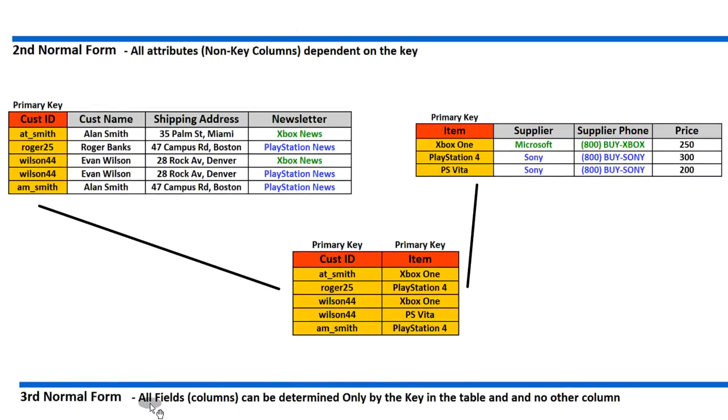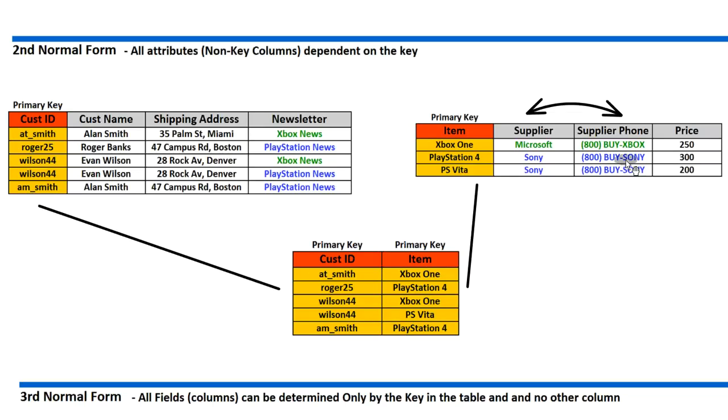Third normal form. All fields, meaning columns, can be determined only by the key in the table and no other column. Okay, so what can be the problem here? Well, the problem is that Microsoft and the Xbox phone number always go together. The Sony and the Sony phone number always go together.